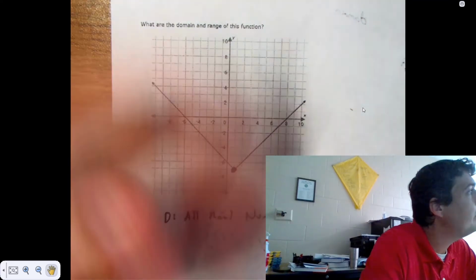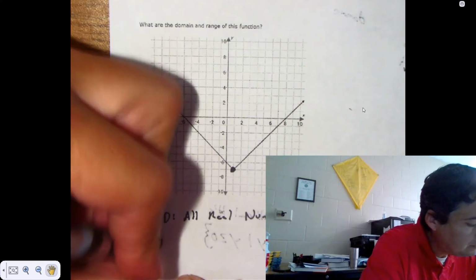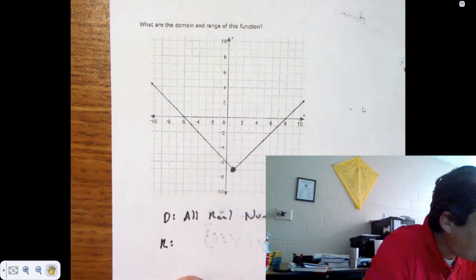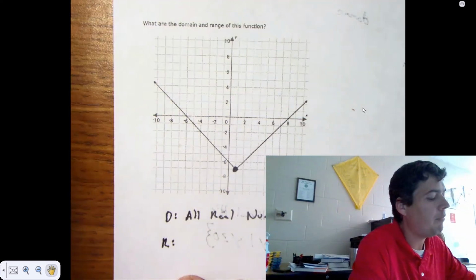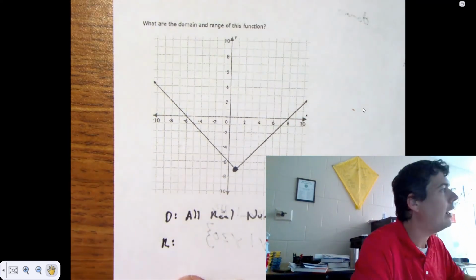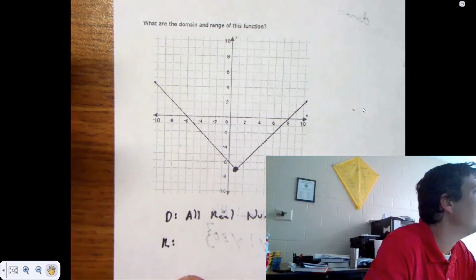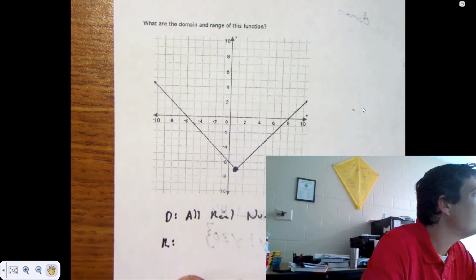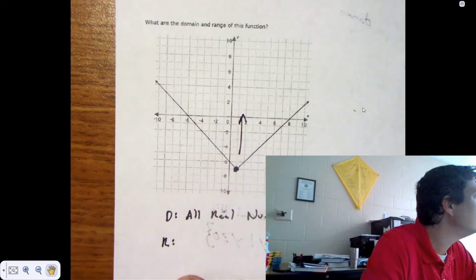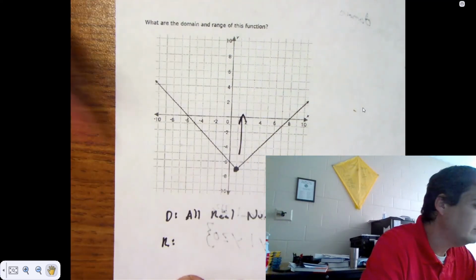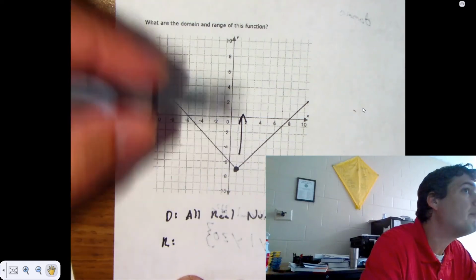All right, now Alex, this graph starts right here, and then you work your way up. So what's the range? What about y compared to -7? What's y's relationship to that -7? It's going up. Remember, the graph is rising.